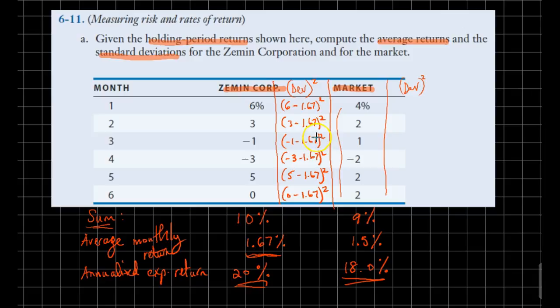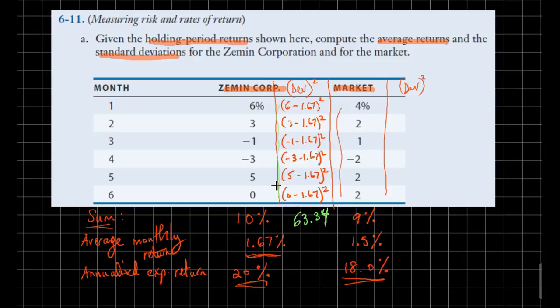Next would be 7.13%. All these figures would be positive, obviously, because you're squaring a number. Ultimately, when you add up all these 6 numbers, you get 63.34. Now make sure you have a good grasp of where this number came from. It's basically doing the algebra, adding up those 6 rows of numbers.